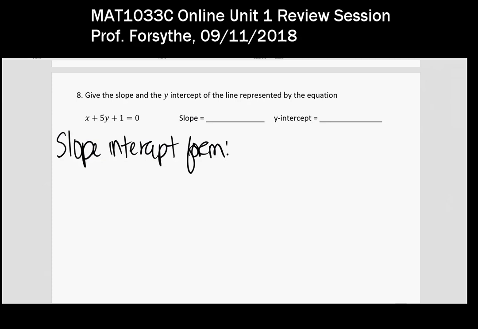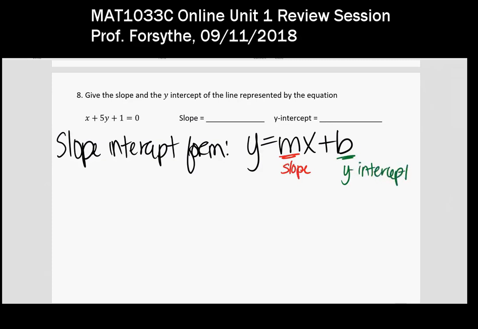That is y equals mx plus b. m is your slope of the line, and b is your y-intercept. If we can take this equation, put it into slope-intercept form, then we can easily identify the slope and the y-intercept. So we want to set it equal to y.